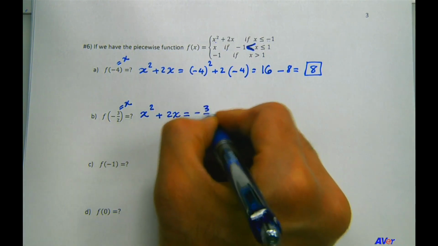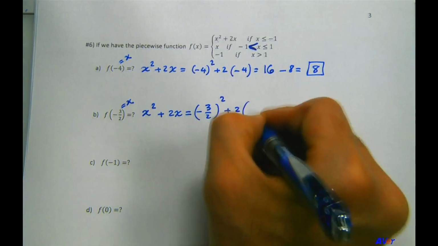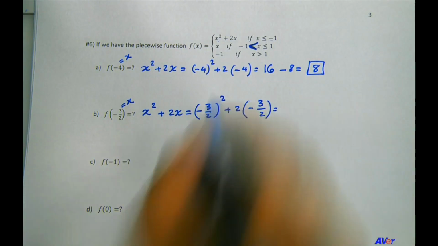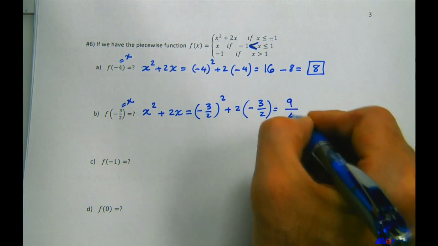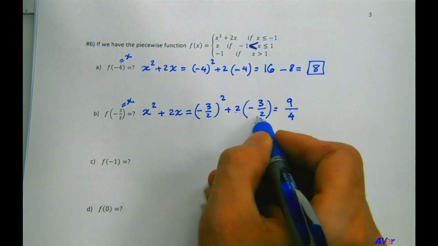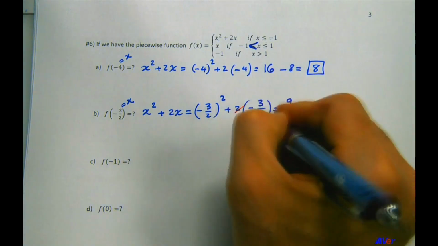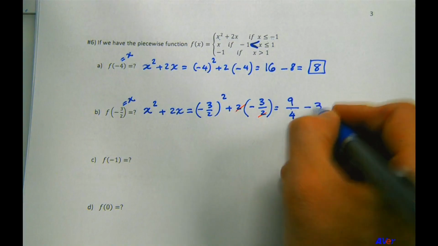So -3/2 squared plus 2 times -3/2. Okay, so -3/2 squared is going to be positive 9 over 4. 2 times -3/2: this 2 and this 2 cancel each other out. We end up with -3.